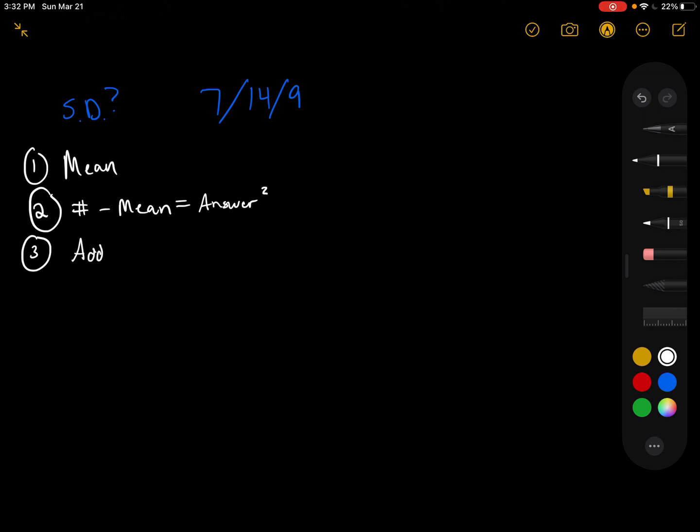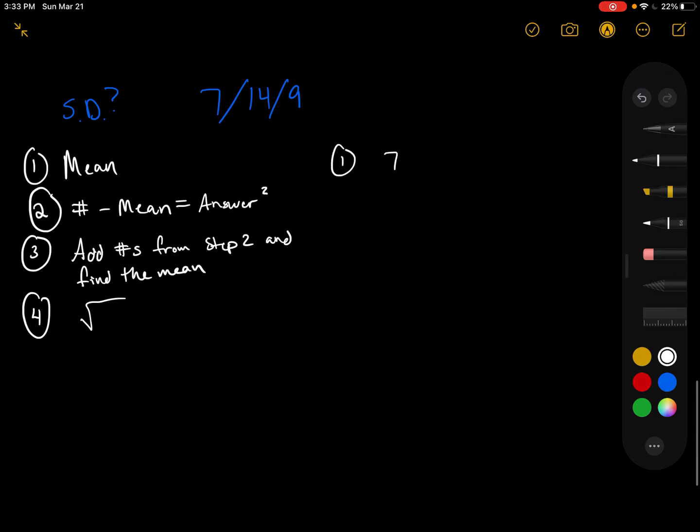So basically take 7, subtract it from the mean, square that answer. After you do that, you want to add all of the numbers from step 2 and take the mean. And then your last step is whatever that mean is, just take the square root of it.